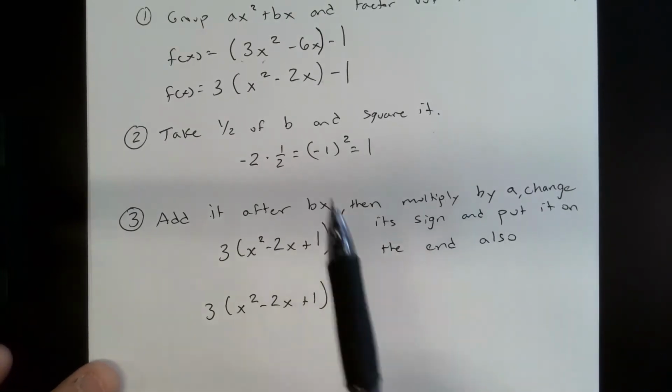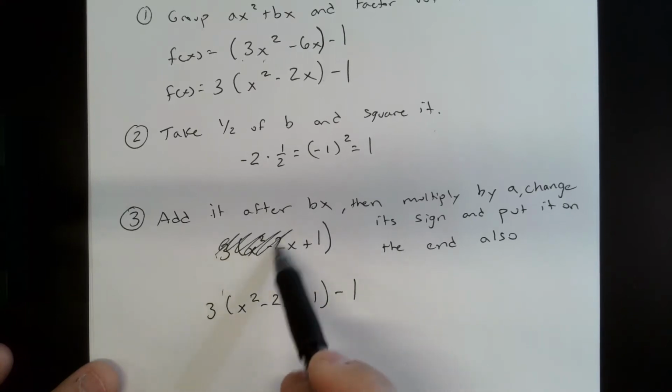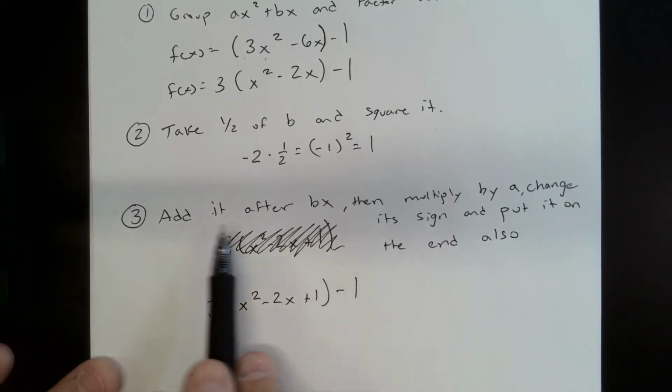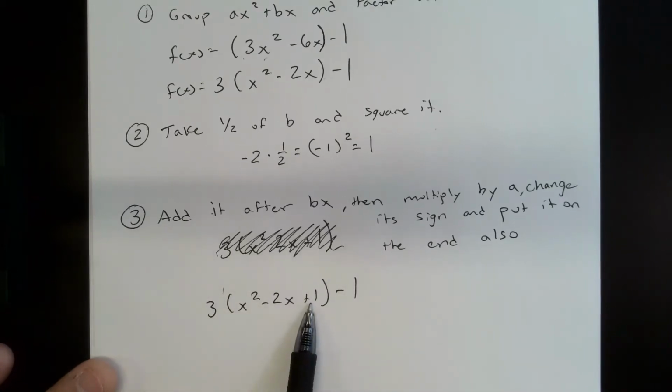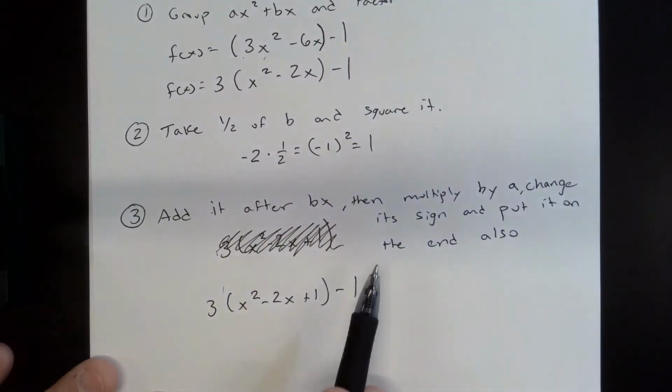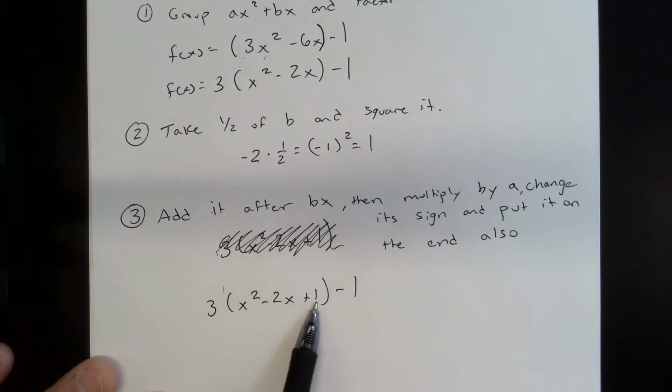So I'm going to show you what I mean by that. So we already added it after bx, right? Does everyone see where I added it after bx? All I did here is add 1 after this. So the first place you add it is right after bx.